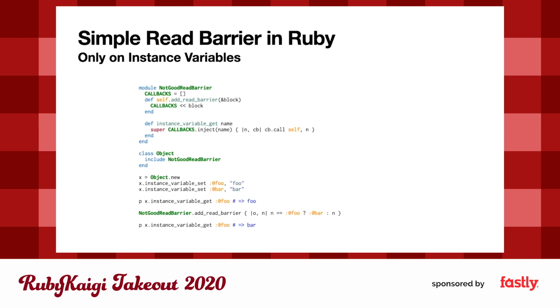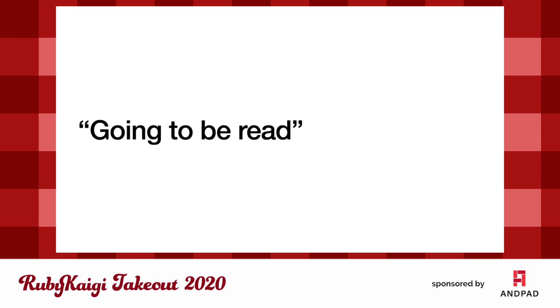Let's look at a concrete example. This is a very simple example of a read barrier. When an instance variable is read, it executes a block. The read barrier allows us to take an action anytime something is read.